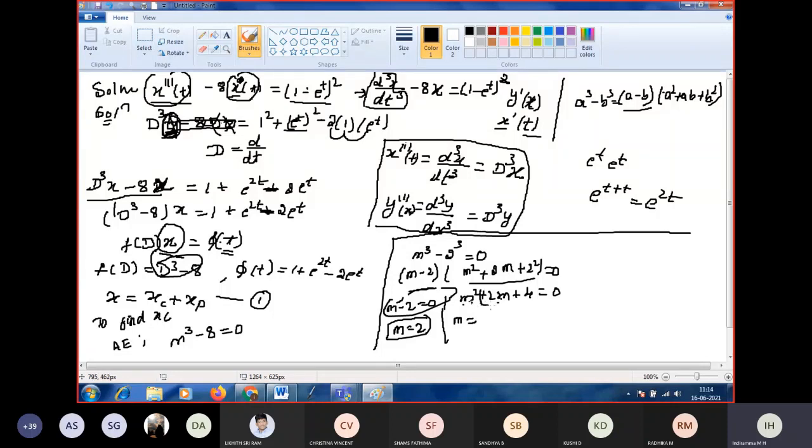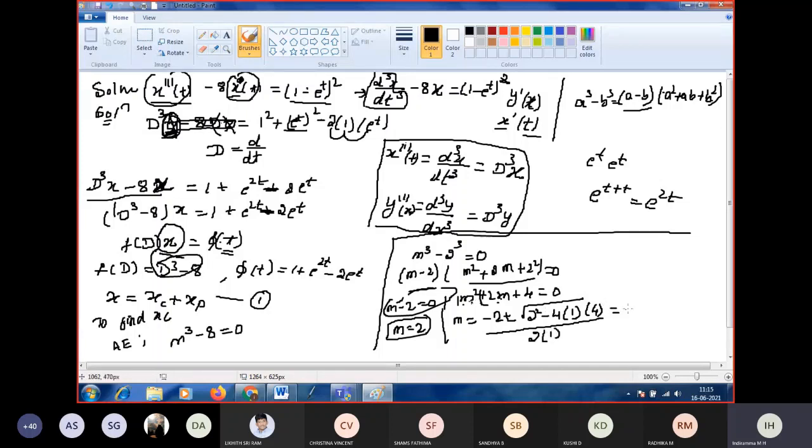m is equal to minus b, the coefficient of m, so minus b is minus 2, plus or minus root of b square, which is 2 square, minus 4ac, where a is the coefficient of m square, that is 1, and c is the constant term 4, divided by 2a, where a is 1.